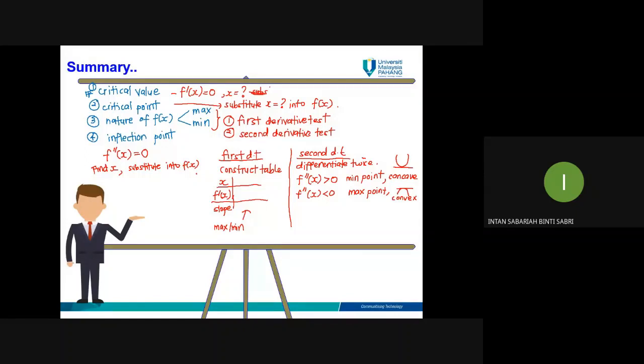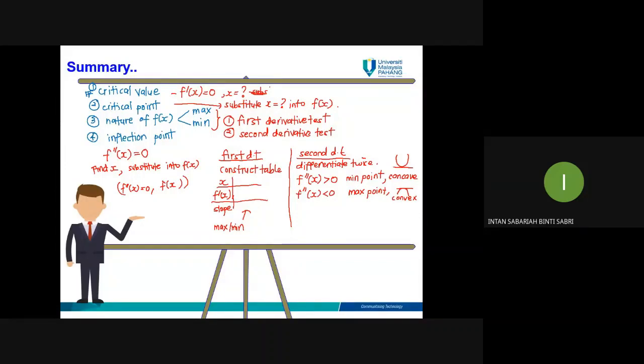Then substitute into the original function. Here is f double prime x equal to 0, and when you substitute here, that is the inflection point.